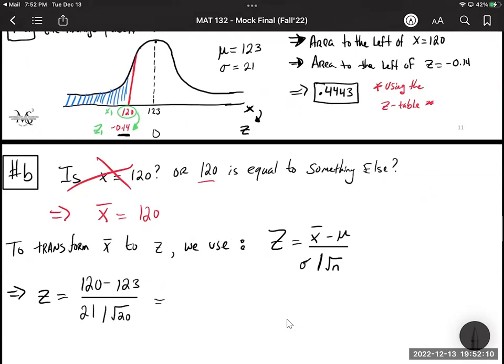All right, 120 minus 123, we already know that's -3, but the bottom might not be a nice number. So round it to 5 decimal places. Try 21 divided by square root of 20 and round that to 5 decimal places. Let me know what you get.